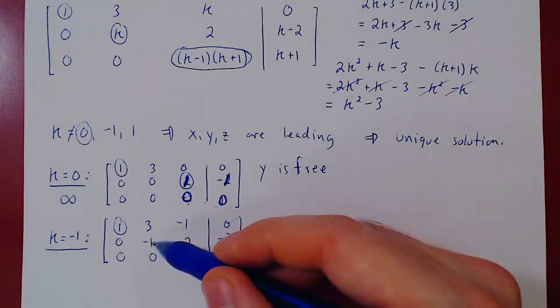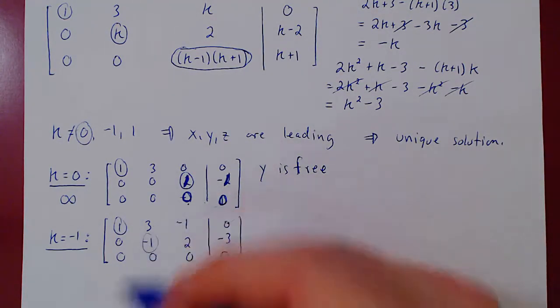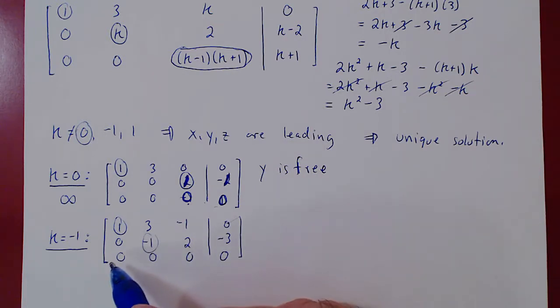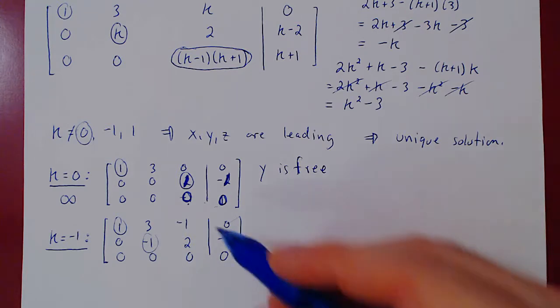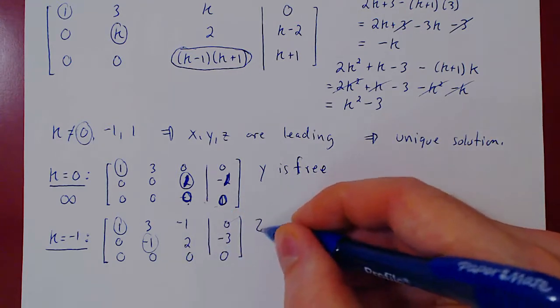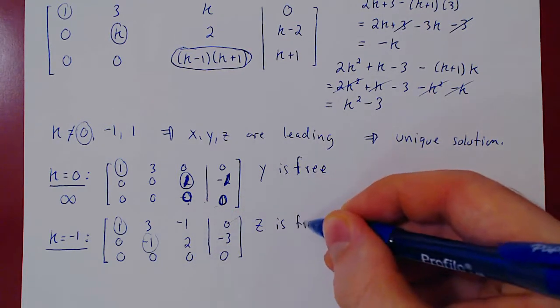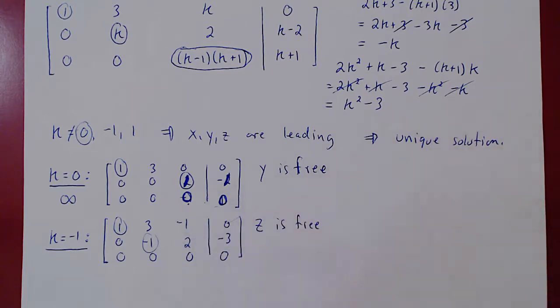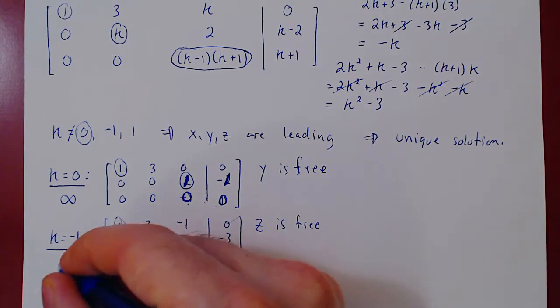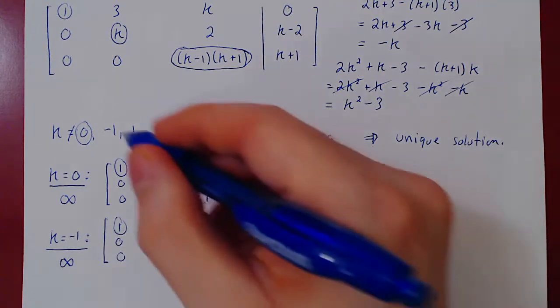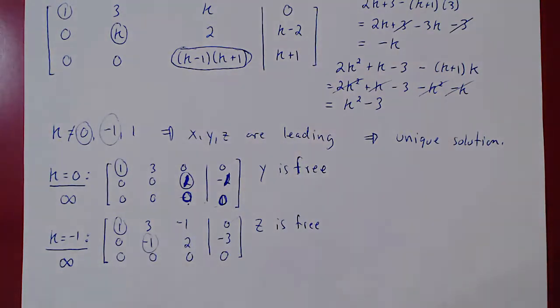We could turn this negative 1 into a 1, so y is also leading. We have a row of zeros. The system is consistent, but here z is free. As z is free, and the system is consistent, z will become a parameter which will give us, once again, infinitely many solutions. We're down to our last exceptional value.